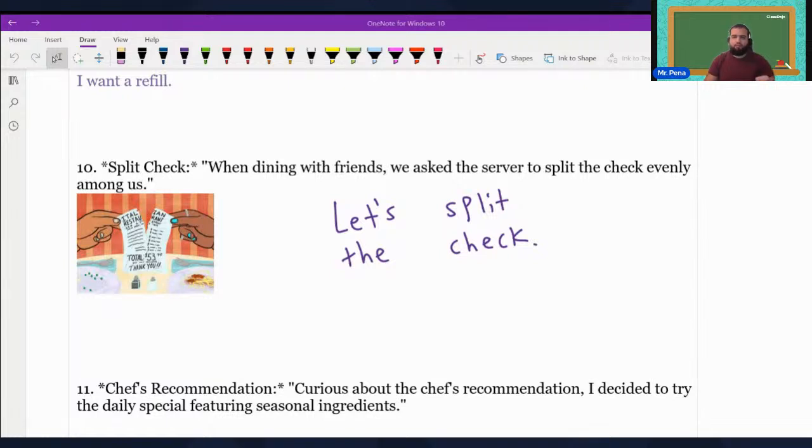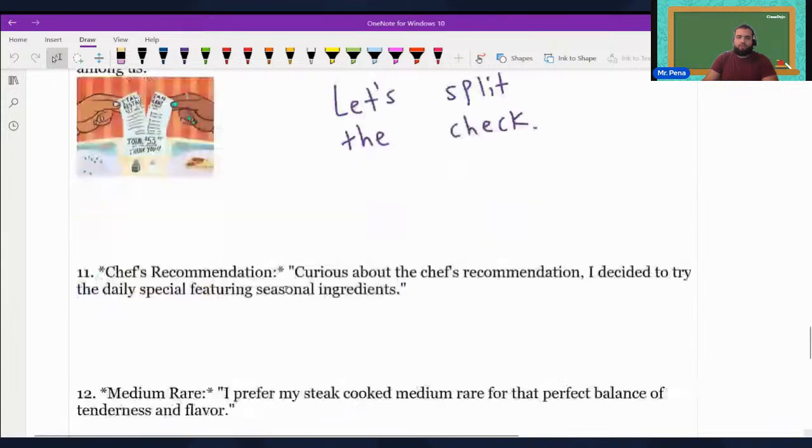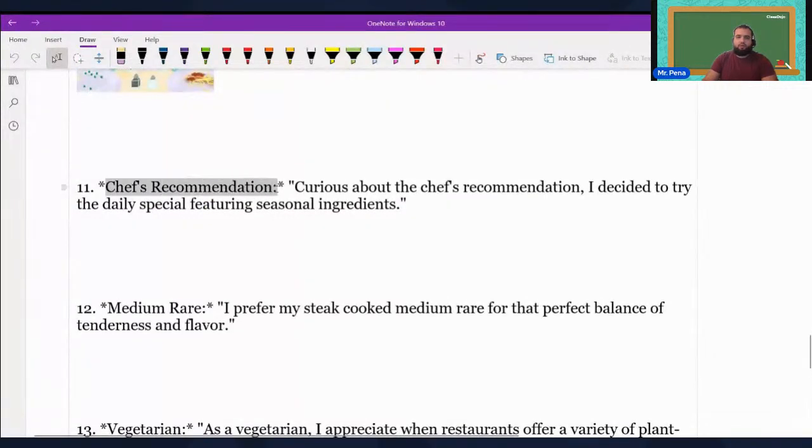Awesome. Moving on to our next word, which is chef's recommendation. It says, curious about the chef's recommendation, I decided to try the daily special featuring seasonal ingredients.